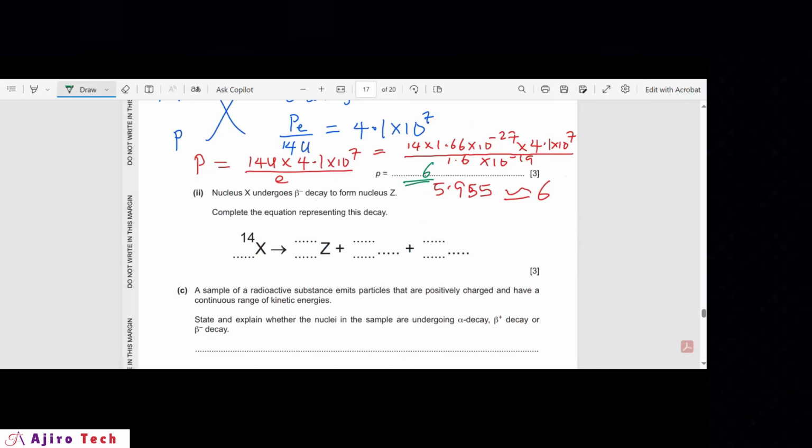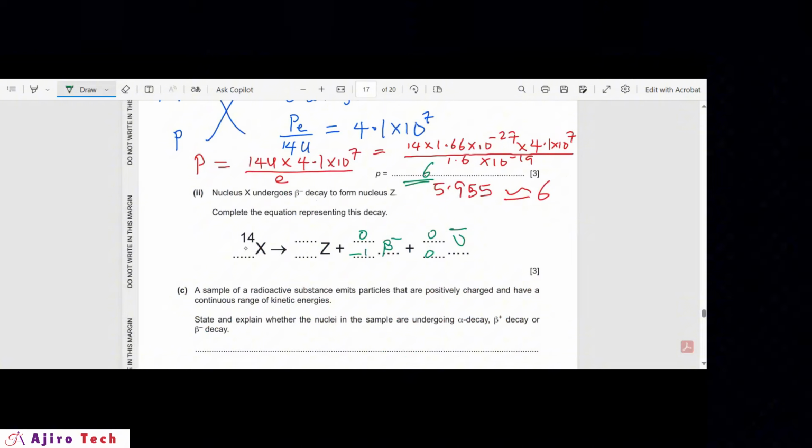But beta minus gives you an electron anti-neutrino. So Z is there. This is the beta plus, so that will be beta minus. It gives you 0 and minus 1, and the electron anti-neutrino is 0, 0, with a bar on top.